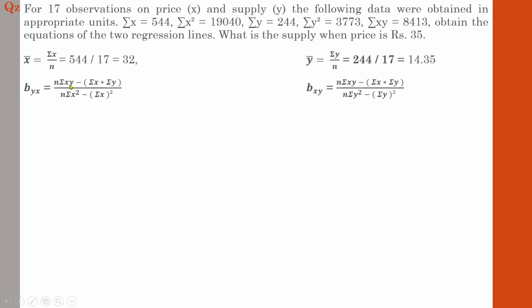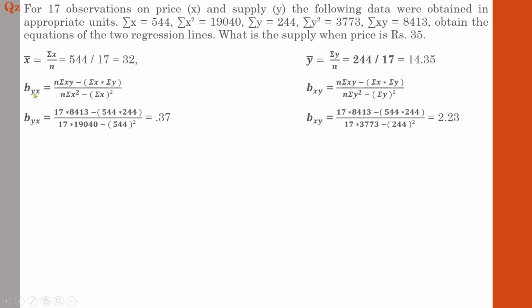The equation is n sigma xy minus sigma x into sigma y divided by n sigma x square minus sigma x the whole square. Same for the next one, x on y, bxy equal to n sigma xy minus sigma x into sigma y divided by n sigma y square minus sigma y the whole square. I hope you know the meaning of these two cases. So let us go with both cases simultaneously.